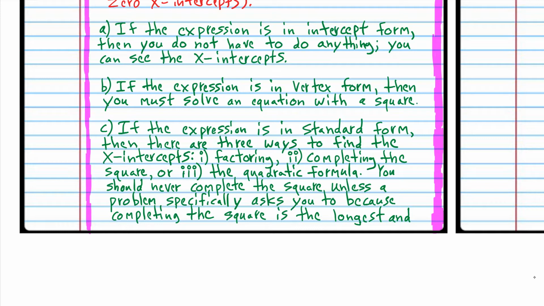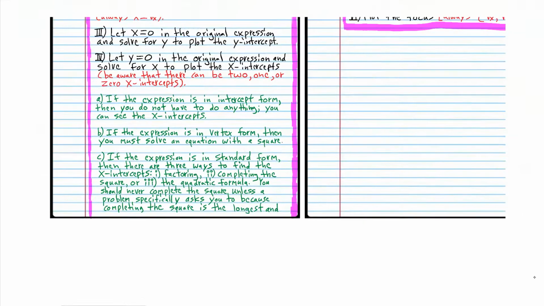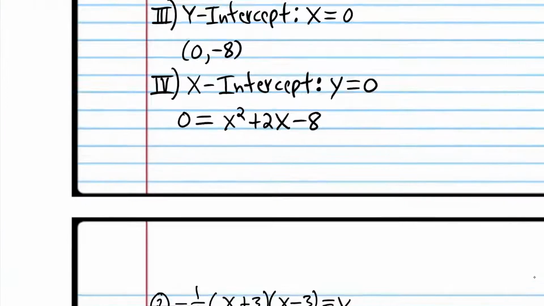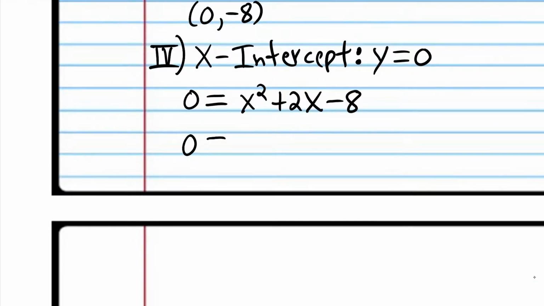It's the longest method, the most tedious method. You always want to see if you can factor first, and if you're not sure if you can factor, then you use the quadratic formula. We're going to talk about the quadratic formula later, but it turns out that this expression is factorable.